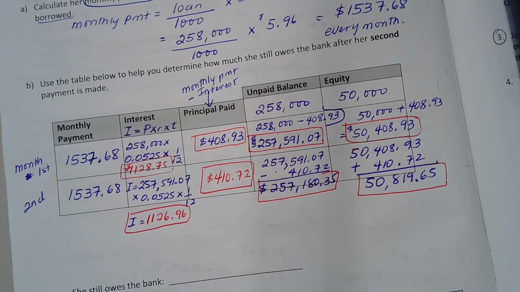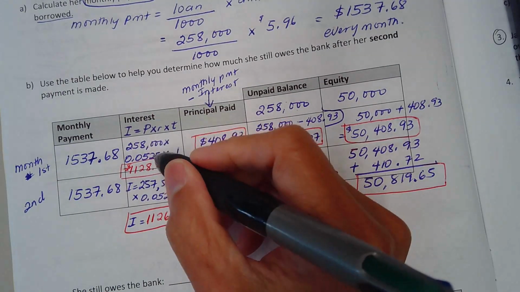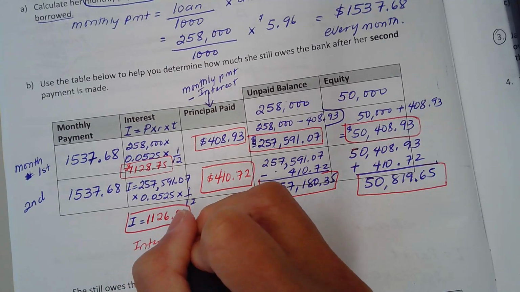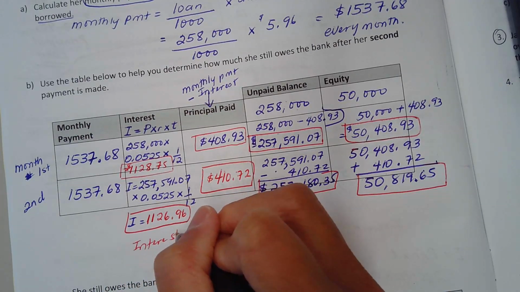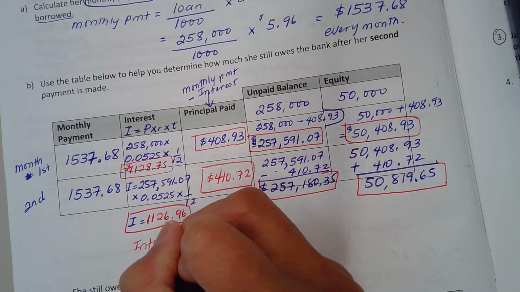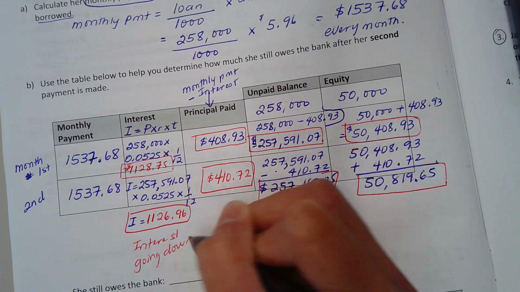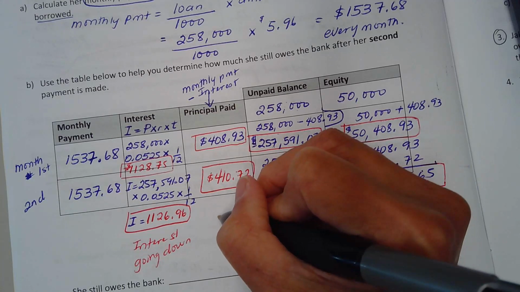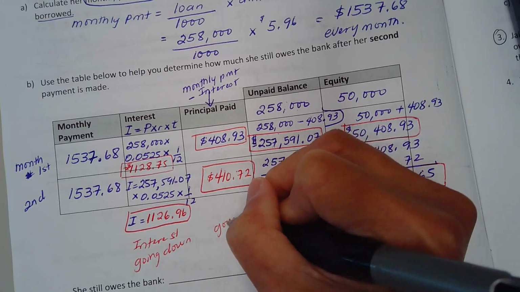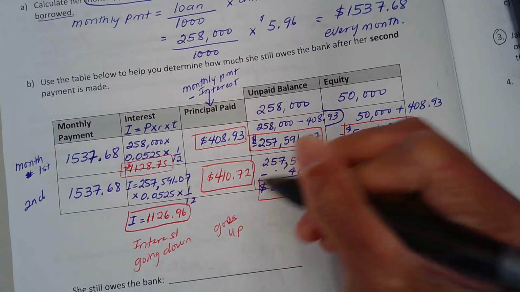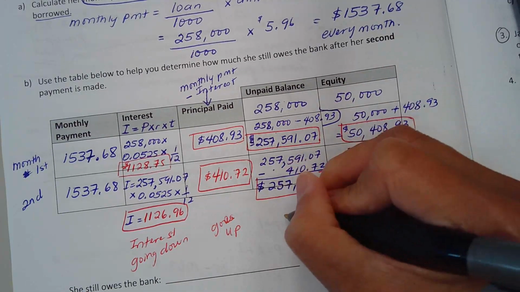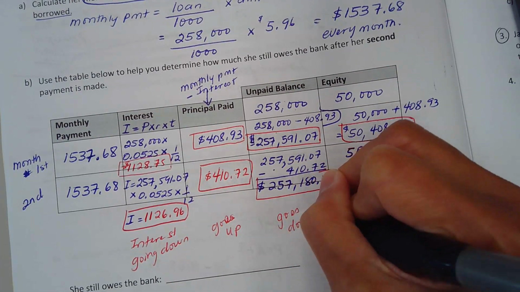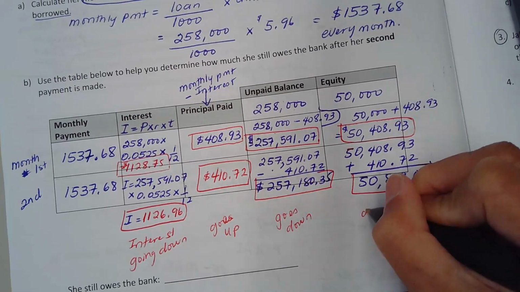Okay. So the pattern here: interest is going down each month, principal paid goes up, unpaid balance goes down, and the equity goes up.